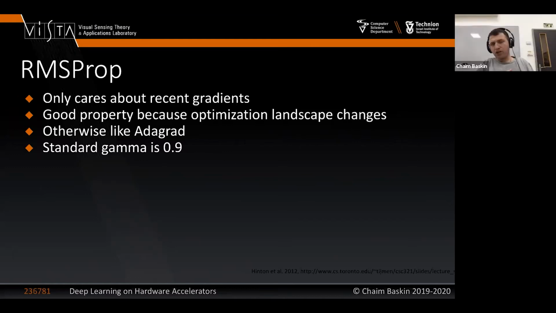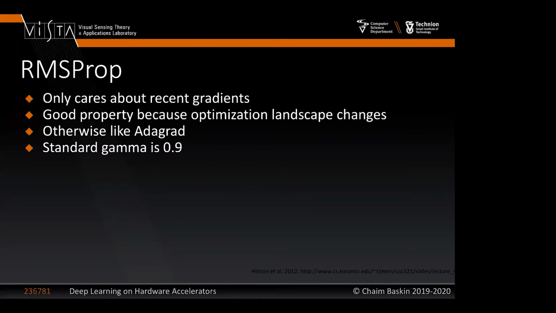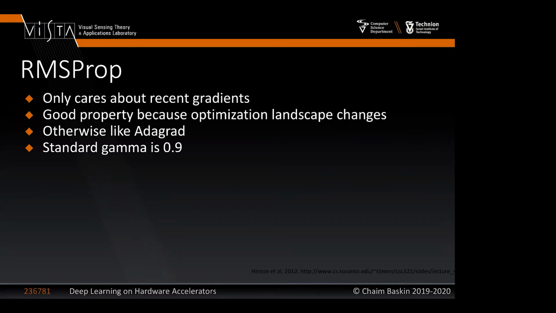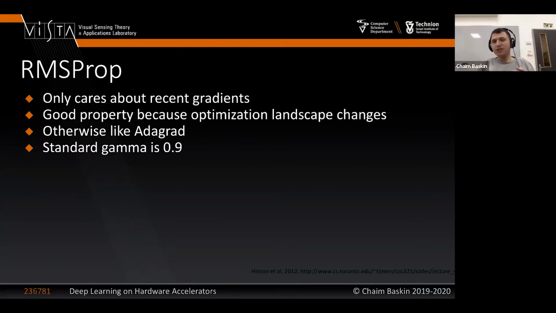You're talking about Adagrad, right? Yes. RMSprop doesn't have that. So of course you're right. That's a plus for RMSprop. And another plus for RMSprop is that it looks only at the recent gradients.